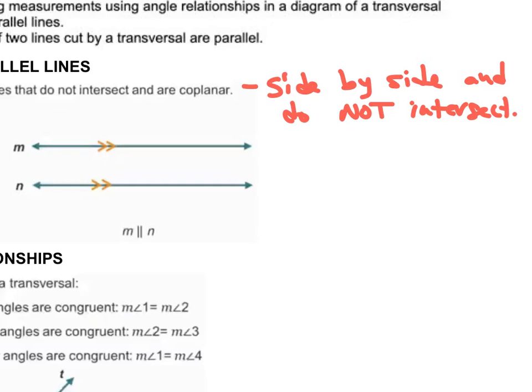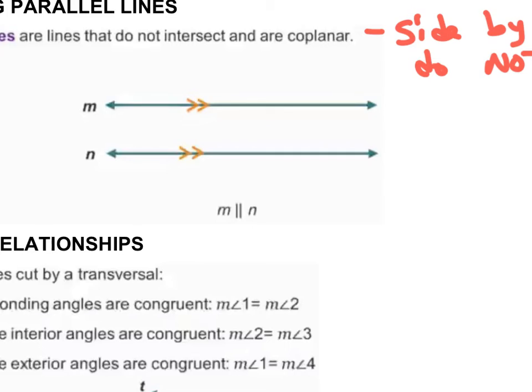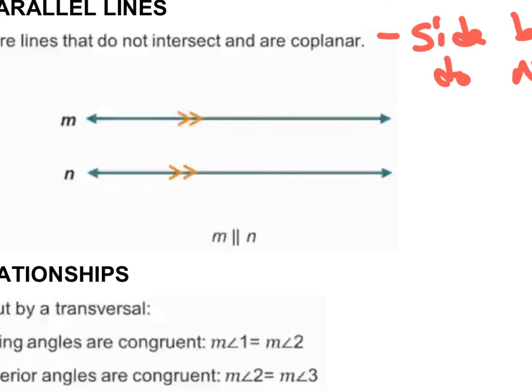Okay. And so one thing that we would use to show that two lines are parallel is this notation here. So these two lines indicate that line M and line N are parallel.